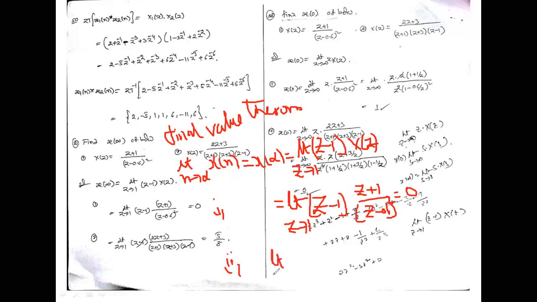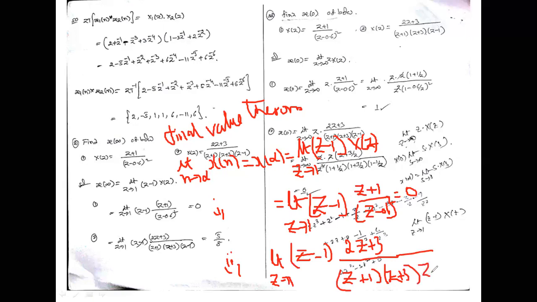For the second example, the limit z tends to 1 of z minus 1 into x of z. What is x of z? It is given as 2z plus 3 by z plus 1 and z plus 3 and z minus 1.